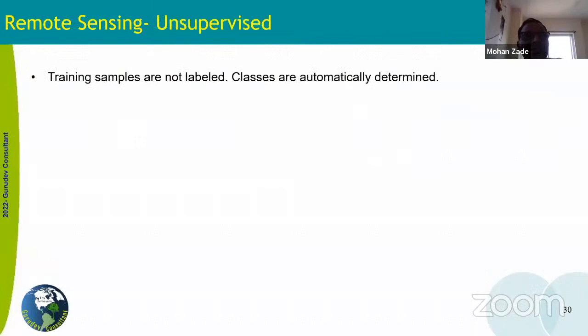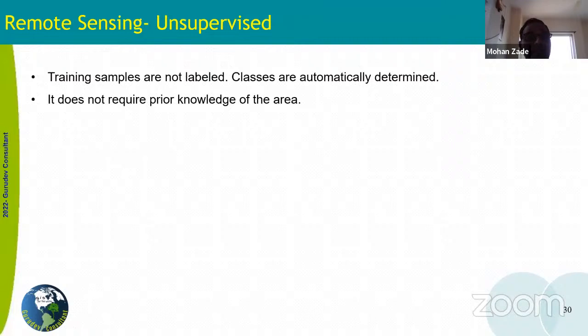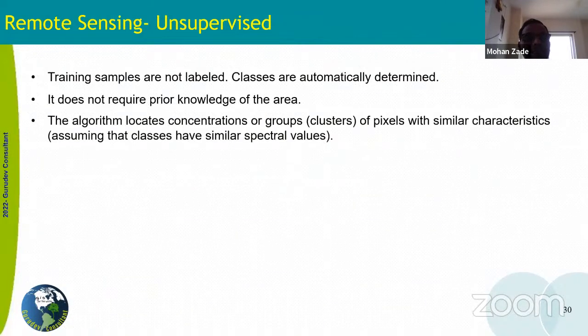There are different classification techniques that are to be used. One is the supervised classification, where you need to take some training samples. For unsupervised, you don't need to take any training samples, and classes are automatically determined, and it does not require any prior knowledge also.